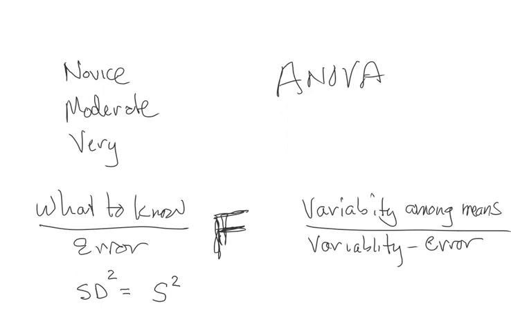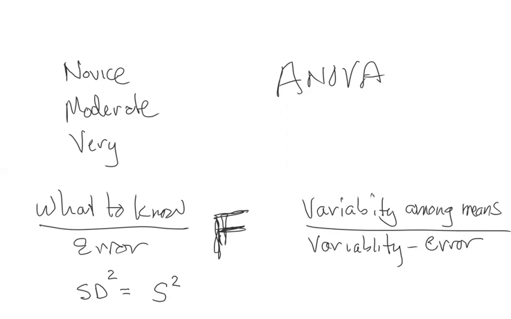Standard deviation is the square root of variability. They're just a simple calculation between them. And on a side note, t squared equals F, because t squared is based on standard deviation, F is based on variance. So they're very, very related statistics. And that's our F.